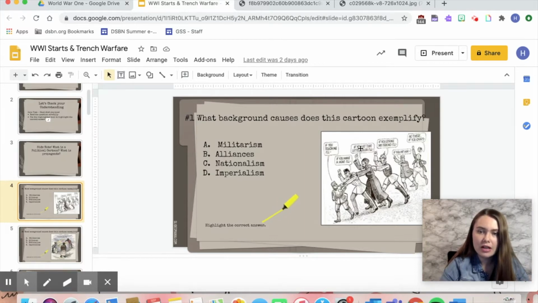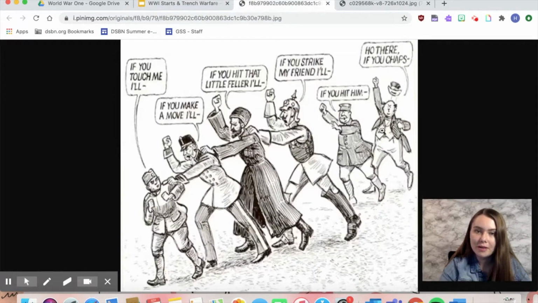So let's take a look at this political cartoon a little more in depth. I'm going to pull up a bigger picture here. So here we see the political cartoon. Now, it is making a comment about one of those causes of war that you're going to see when you get to that question. So it's showing us an example of one of the causes.